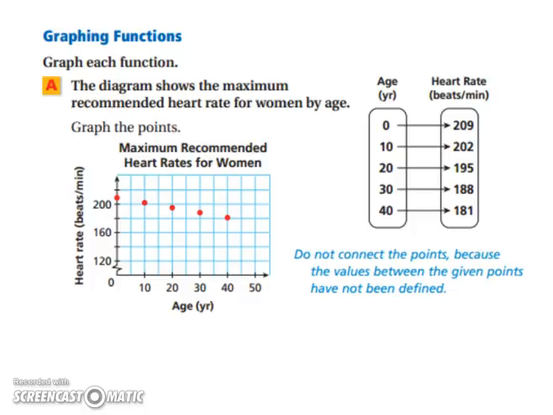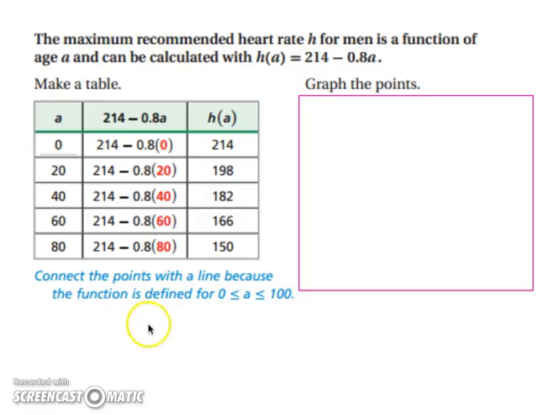So let's look at another one. The maximum recommended heart rate H for men is a function of age A, and can be calculated with this formula. So H of A equals 214 minus 0.8 times A. So our A value is 0. That's our input.